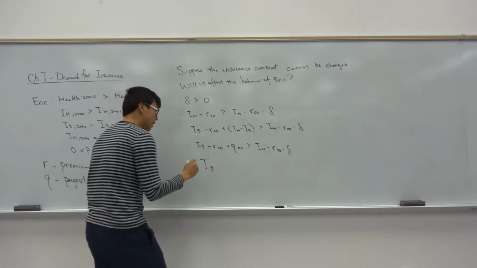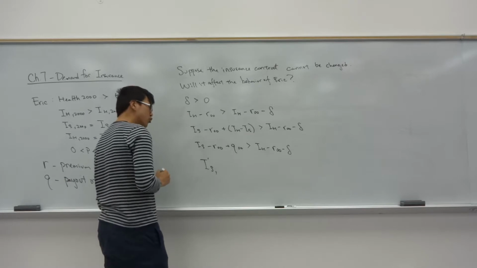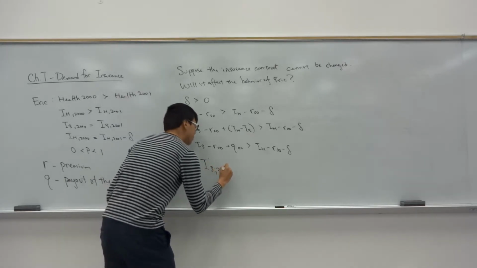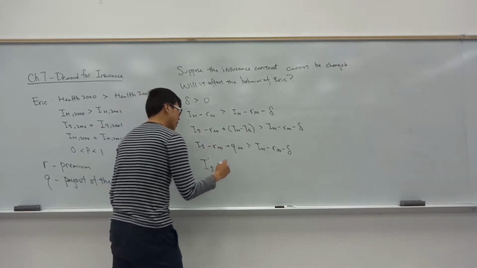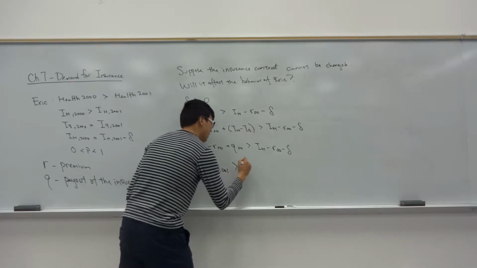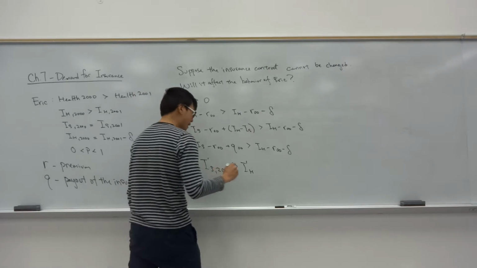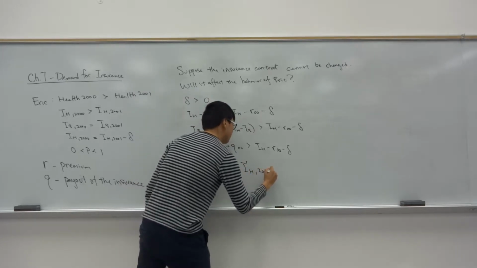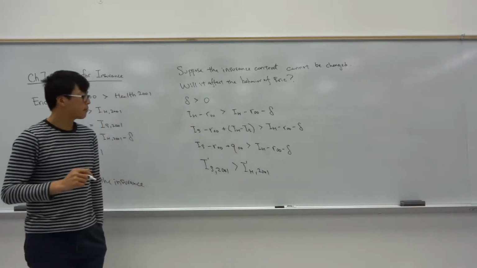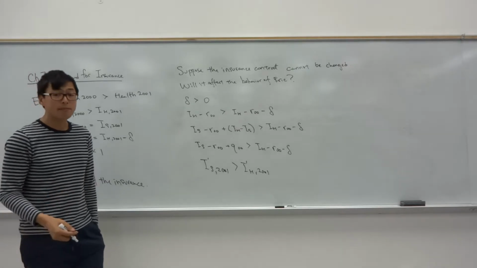So the sick income with the health insurance package in the year of 2001 is greater than the healthy income with the insurance package in the year of 2001. So what does it imply?